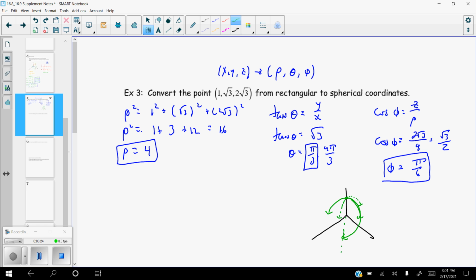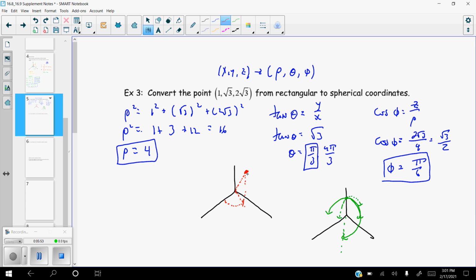So in our particular case here, we can do a quick sketch just to see what this looks like. It's got an angle theta of pi thirds, which is going to come out 2/3 of the way that way, basically. So somewhere around there. It's got an angle phi of pi sixth, which is really not that far, maybe right here. And then it's got a rho of, we'll just say that's 4.